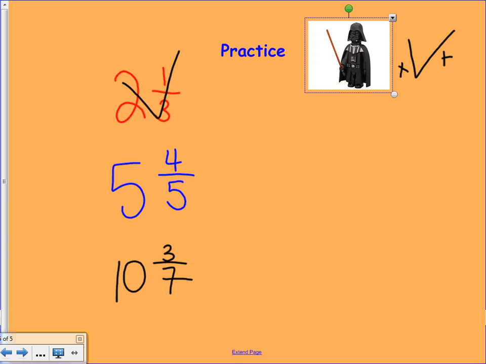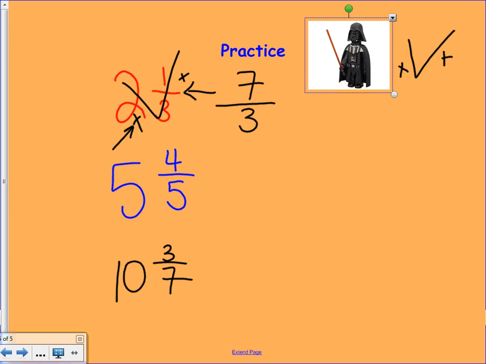What should we do here? Great, multiply. And what do we do here? We're going to add. So 2 times 3 is 6, and 6 plus 1 is 7. And our denominator stays the same. Correct. So the 3 comes over, and you have 7 over 3.